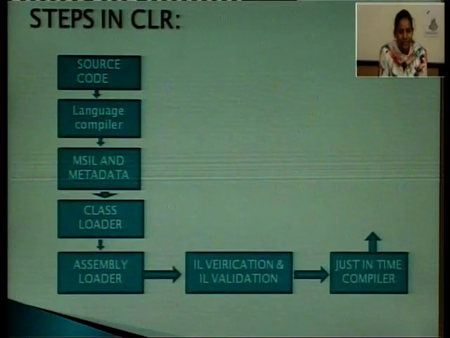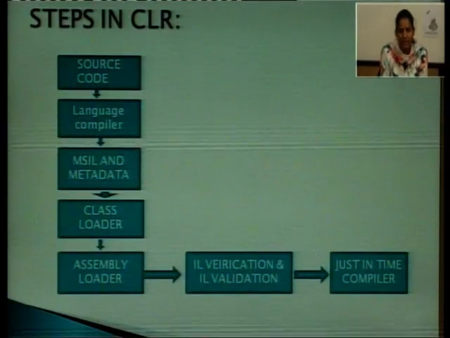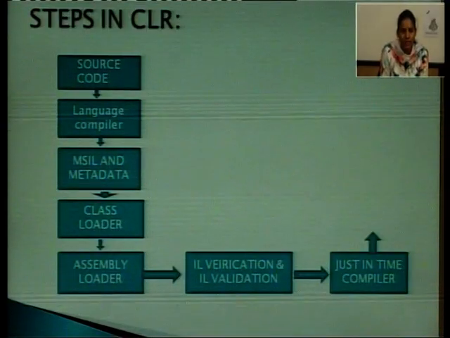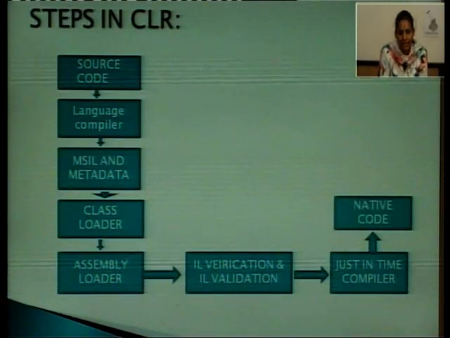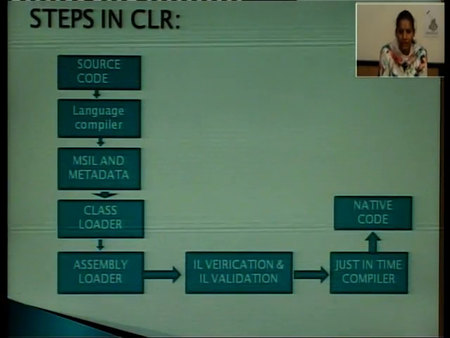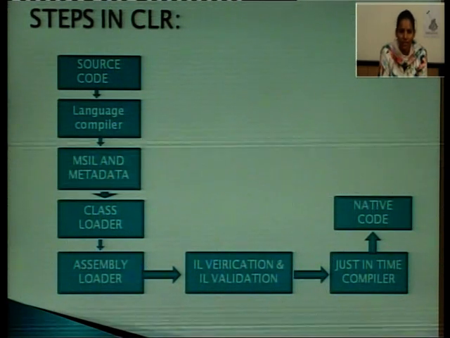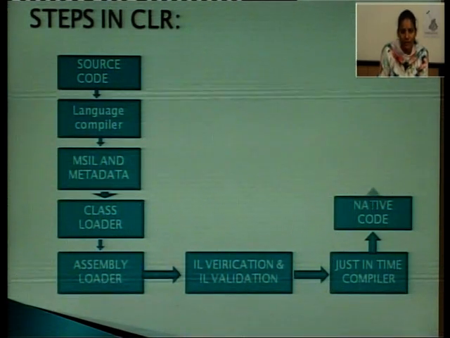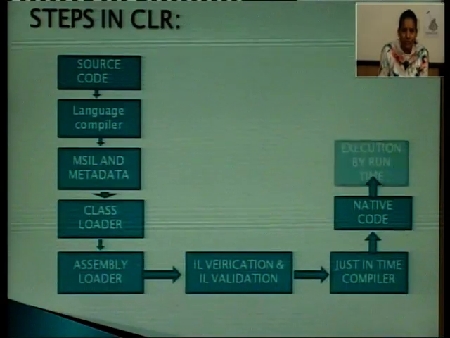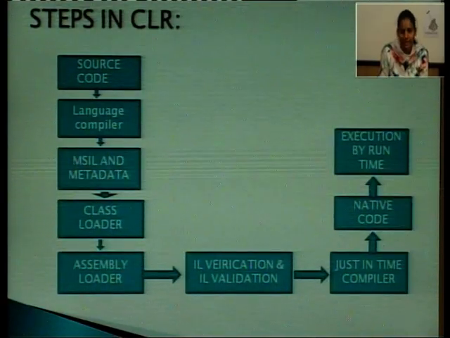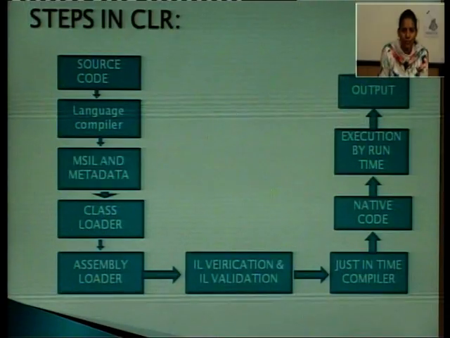So next comes the just-in-time compiler. The just-in-time compiler converts the IL, metadata values and portable executable values to native code. Native code is code which is directly executed by the computer, and then we reach our output.